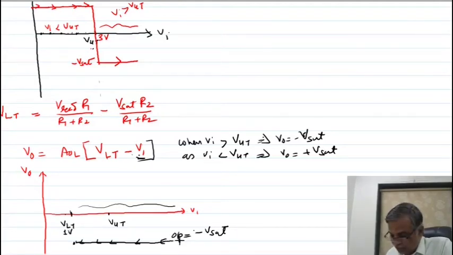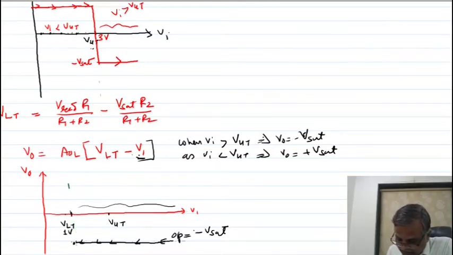Your input voltage is decreasing from 5 volt, 4 volt, 3 volt, 2 volt, and when it becomes 1 volt, immediately a transition takes place from minus to plus.